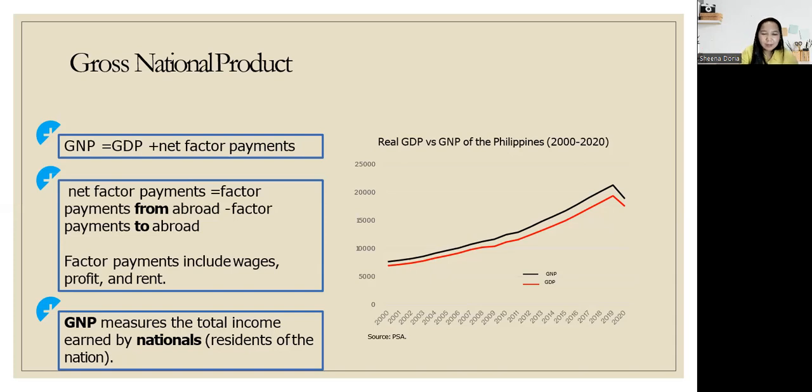Okay, kaya nga GNP is GDP plus net factor payments, payments from abroad, ayan, or factor payments to abroad. So, GNP measures the total income earned by nationals or residents of the nation, kaya siya gawa ng mga Pilipino. So, pag GNP, yung mga income ng mga nasa abroad, kasama siya sa GNP. Pag GDP naman is kahit yung mga foreigners na nag-work dito, kasama sila sa GDP.